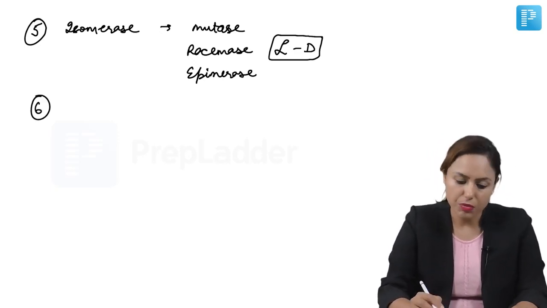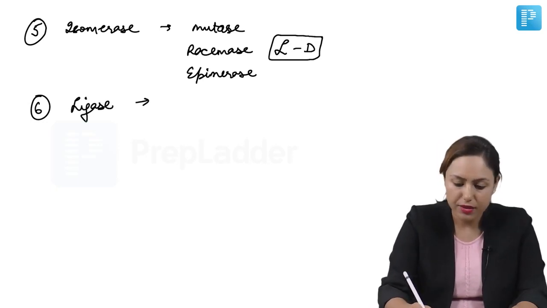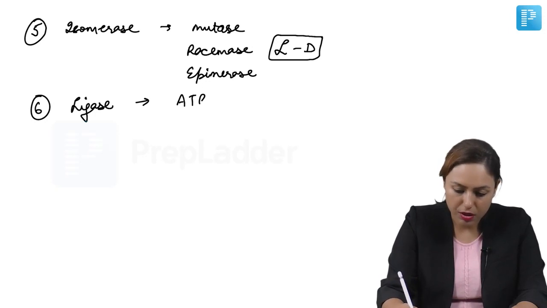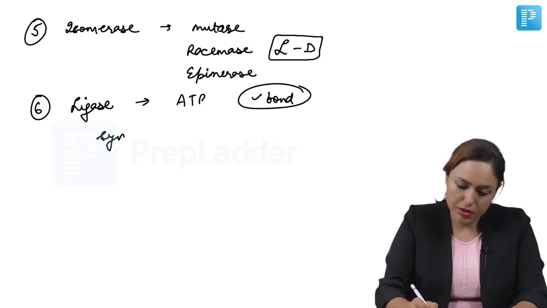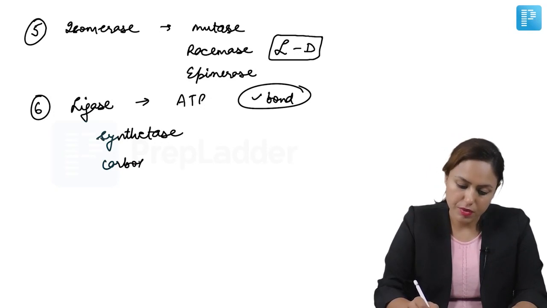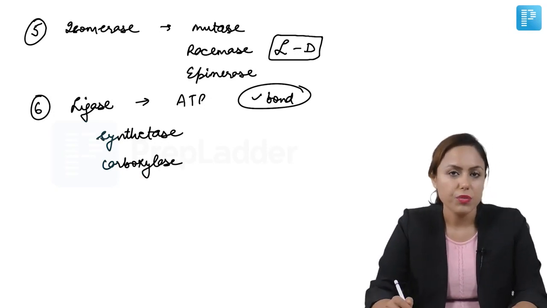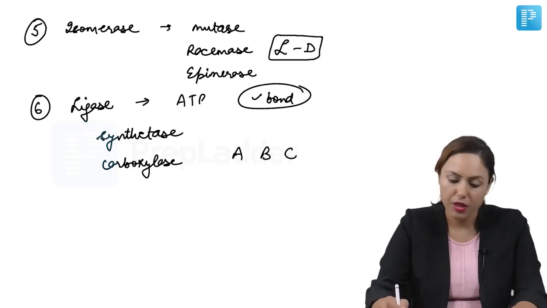Then last is EC number 6, that is the ligase category. Ligases use ATP and they make the bond. Example, synthetase enzyme, right? And then carboxylase enzyme, because any carboxylase uses ABC.